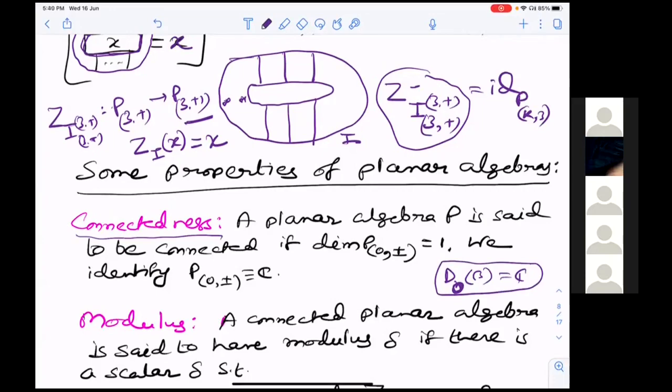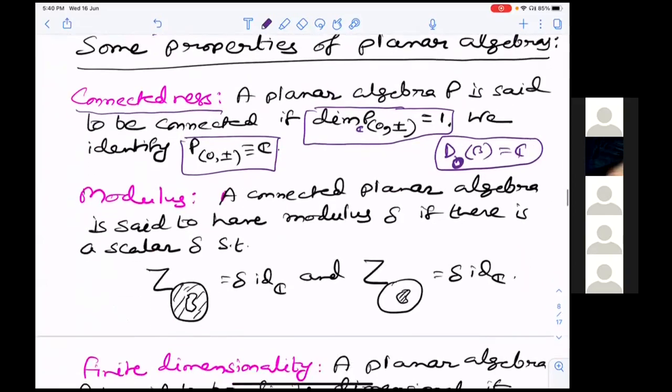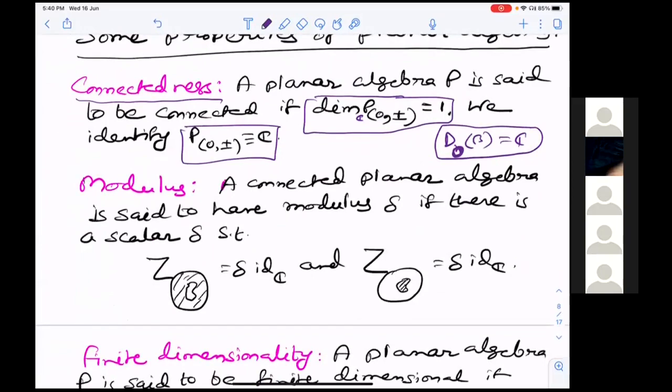If n is 0, this will be 1. Similarly, a planar algebra P is said to be connected if P_0^± has dimension 1 as a vector space over C. And we identify P_0^± with the scalar field C, the complex numbers. This is called connected. And a connected planar algebra is said to have modulus delta if there is a scalar delta such that this holds.